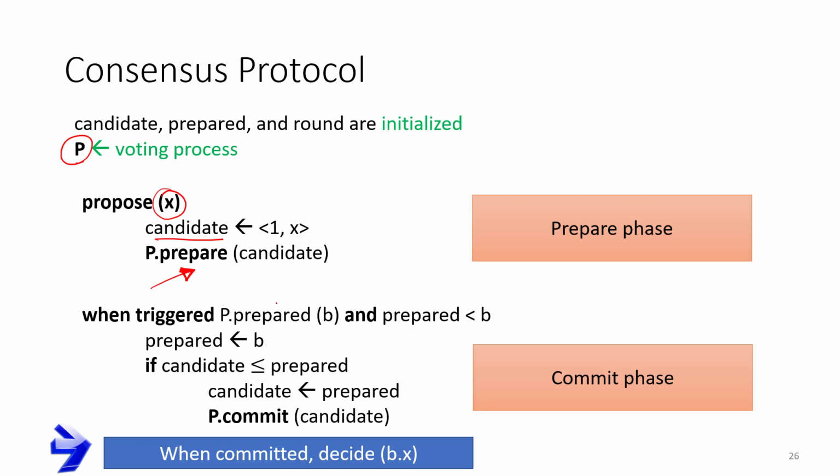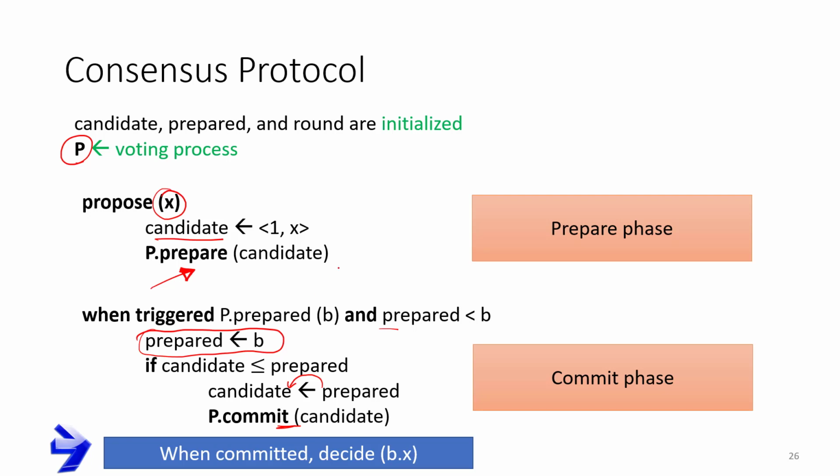So once the ballot has been prepared, and if prepared is less than the current ballot, this is a standard check that we have had to ensure that we prepare a ballot only once. Then if the candidate is less than or equal to prepared, we set candidate to prepared. Again, we have seen this earlier, and we commit the candidate. And when it is committed, we decide.